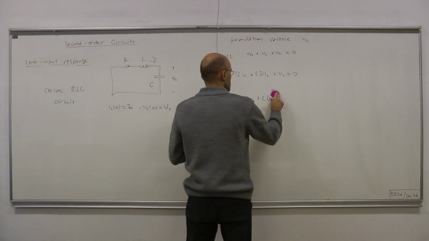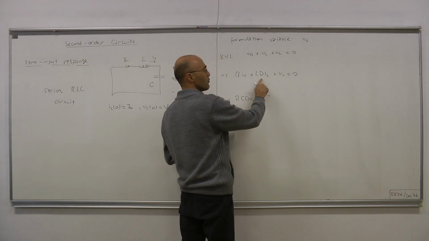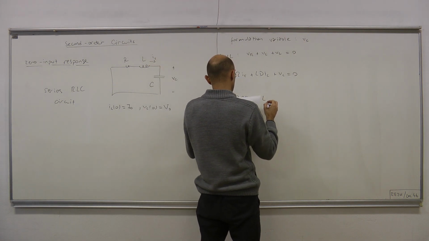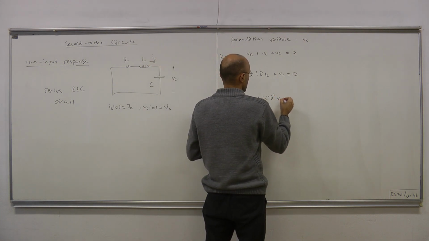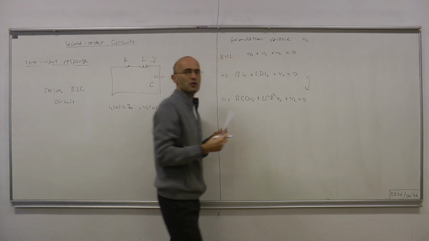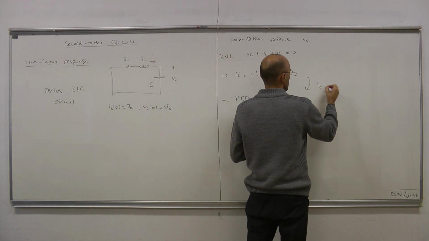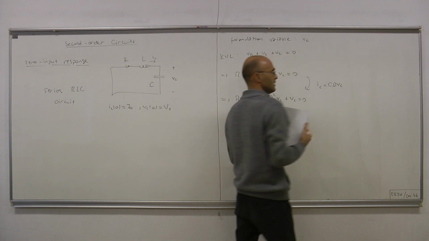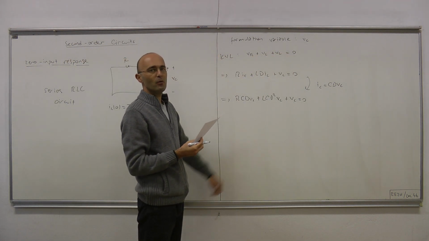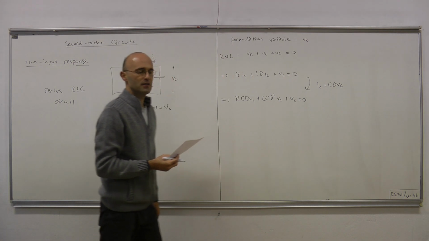IC is C dVC, therefore we have another derivative operator here. That means LC d squared VC, and finally we have VC, so that equals 0. What we use here is the terminal equation for the capacitor, IC equals C dVC. Therefore we have obtained what we were looking for, an expression only in terms of the capacitor voltage.